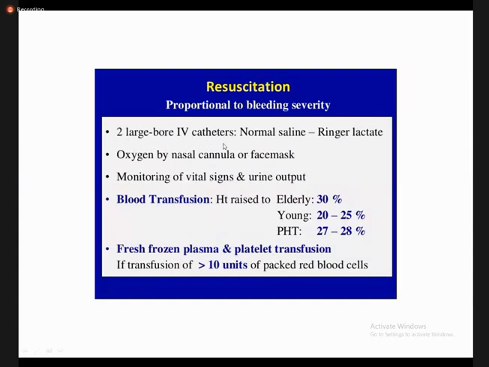So two large bore IV catheters we have discussed, oxygen by nasal cannula, monitor vital signs, and blood transfusions according to the CBC report, and fresh frozen plasma and platelet transfusion according to the PT-INR and APTT report.